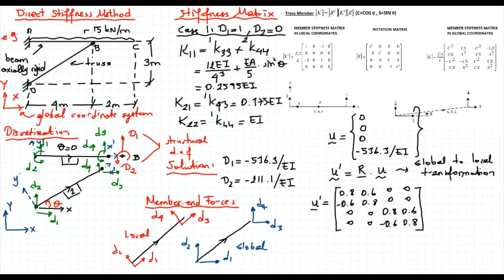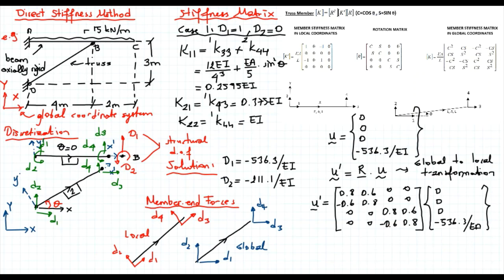Multiplied by the global displacements 0, 0, 0, minus 536.3 divided by EI. When you do that calculation, let's not write EI, since EA has the same magnitude, let's write everything in terms of EA.